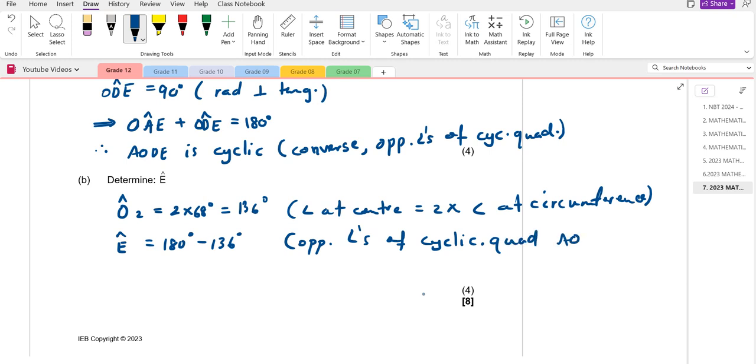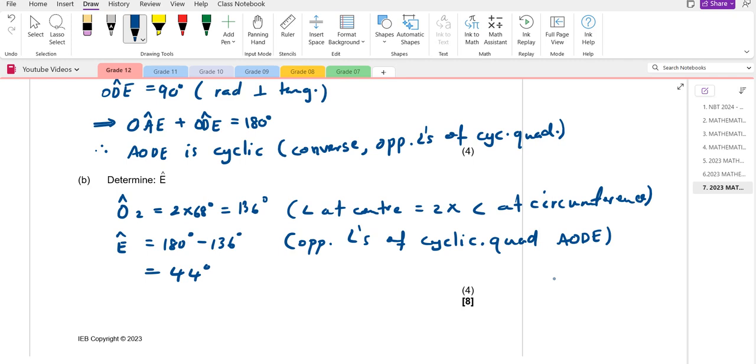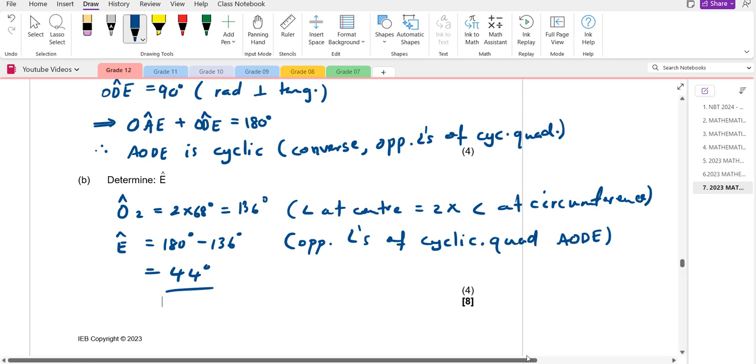Please label the cyclic quad, right? And 180 minus 136, I've got 44 degrees. So I hope you guys understood that. Moving on to the next question, which is question number 11.